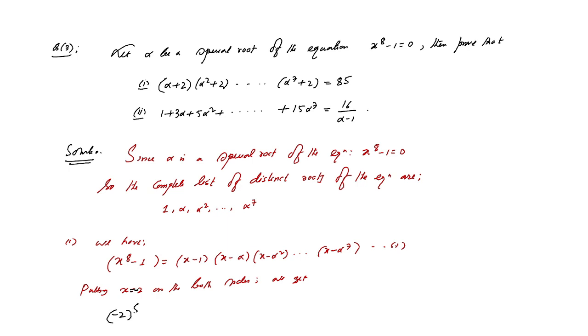So minus 2 whole to the power 8 minus 1 equals (minus 2 minus 1)(minus 2 minus alpha)(minus 2 minus alpha square) up to (minus 2 minus alpha to the power 7).